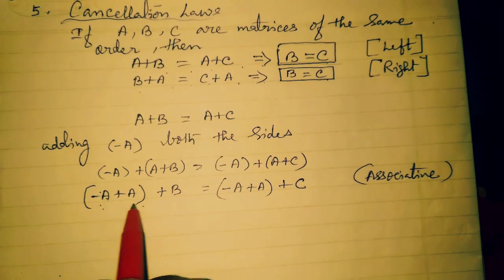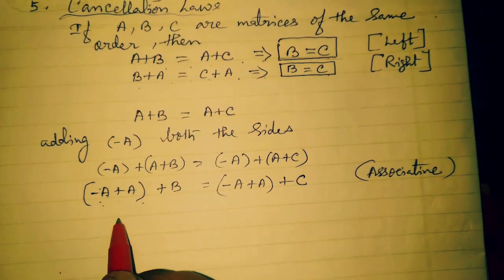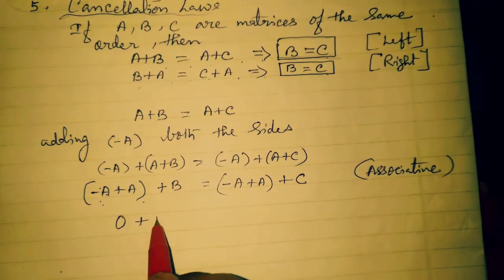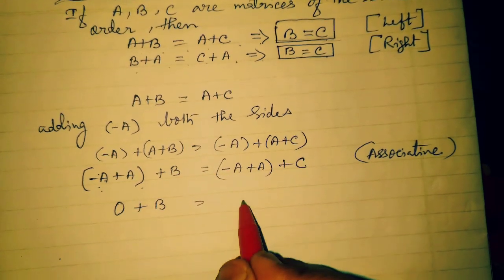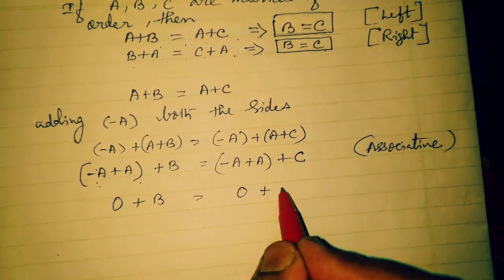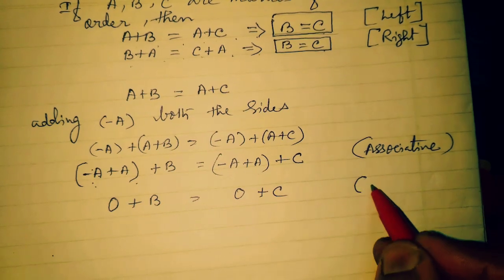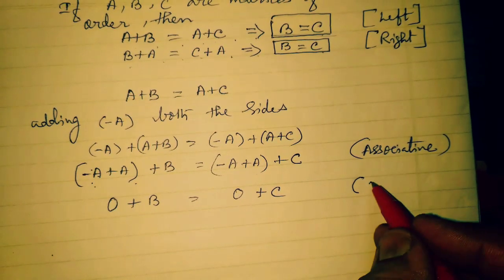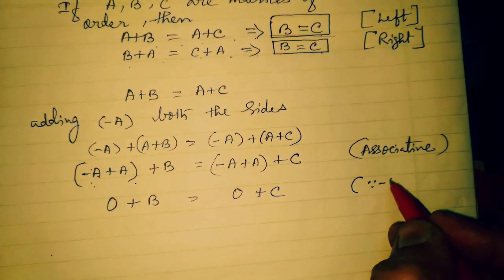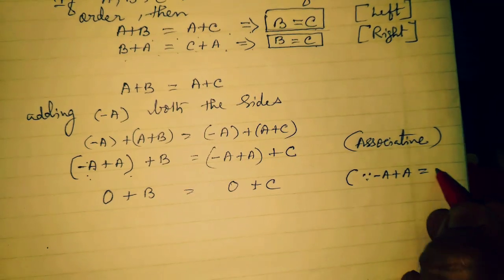Minus A plus A is the null matrix, O. So this is O plus B, and here also O plus C, since minus A plus A is the null matrix.